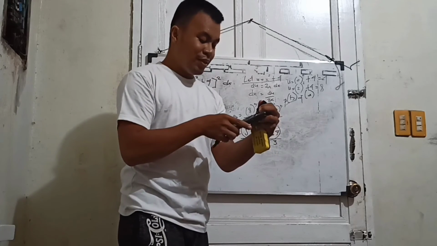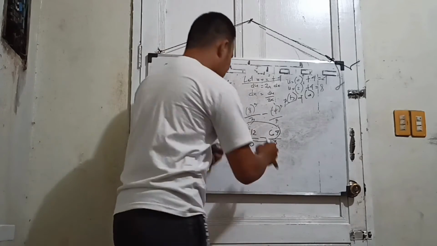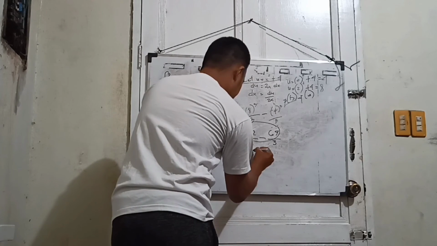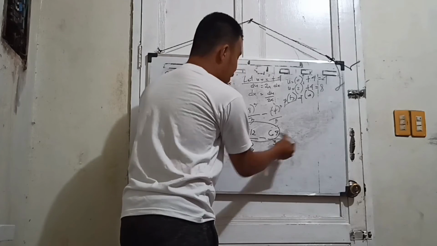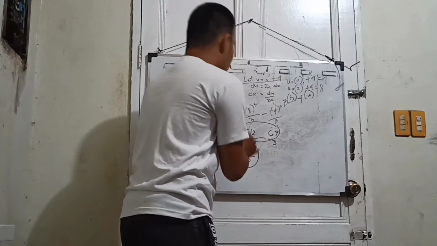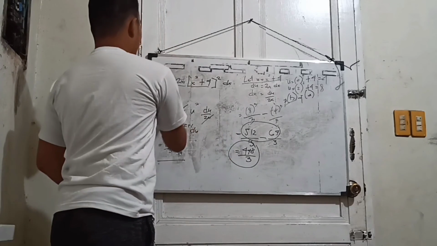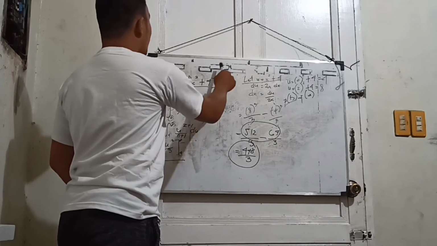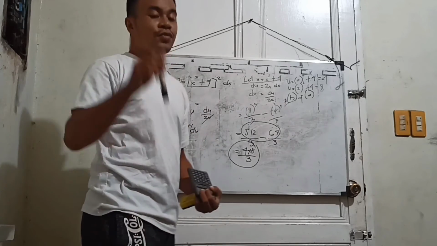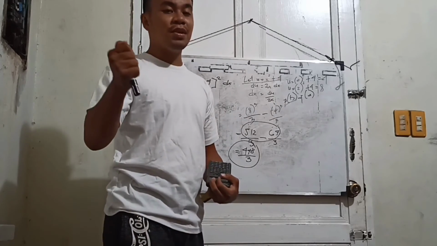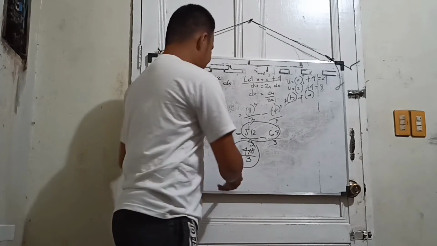So, 512 minus 64 is equal to 448 over 3. We copy the denominator. So, 448 over 3 is the answer to the integral of 2x times (x squared plus 4) raised to the second power from the limit 0 to 2. With the use of u substitution and changing its limits, we come up with this answer.